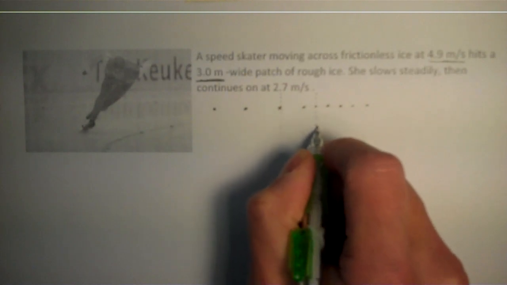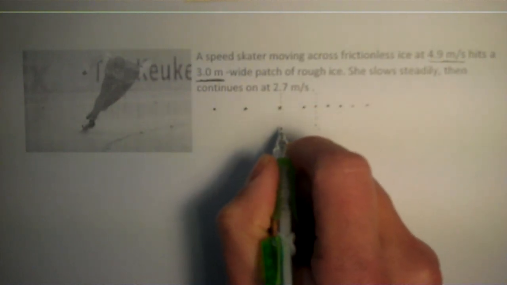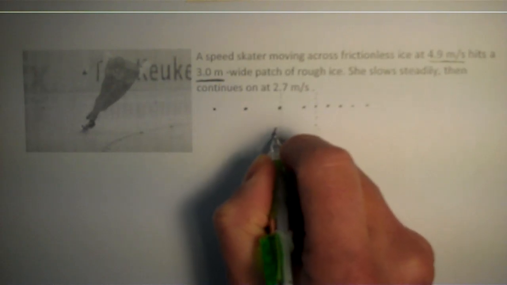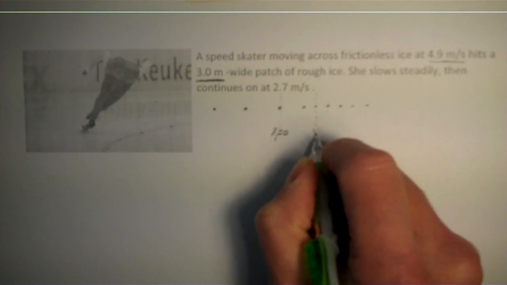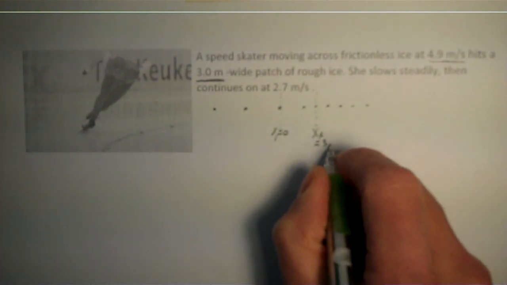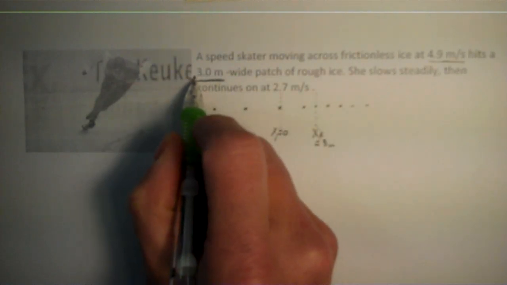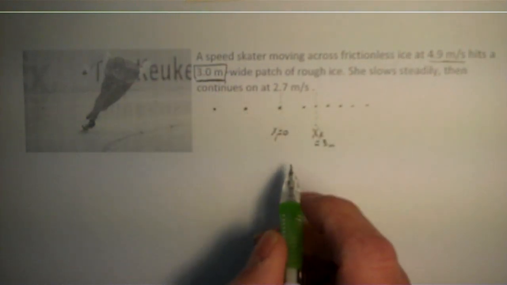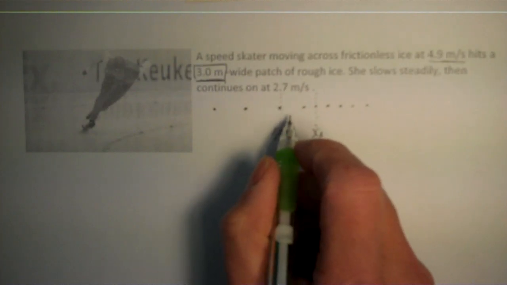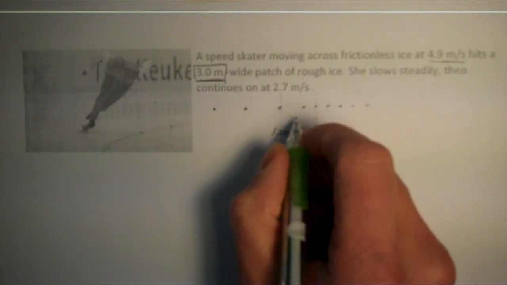So these are the two places that are really important. This is where I'm going to say my x equals 0. That's x initial. My x final here will equal 3 meters, because the patch of ice was 3 meters wide. I'm going to start here at the beginning of that patch because this patch is the important part.